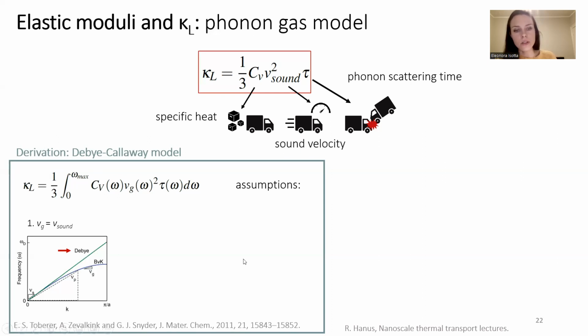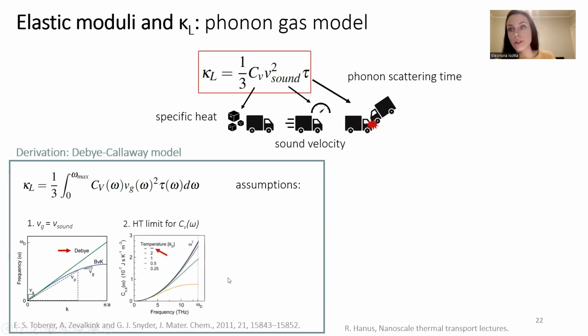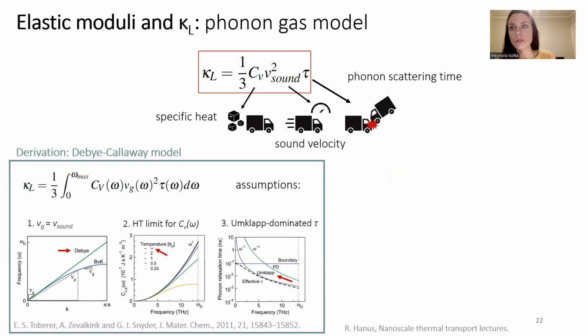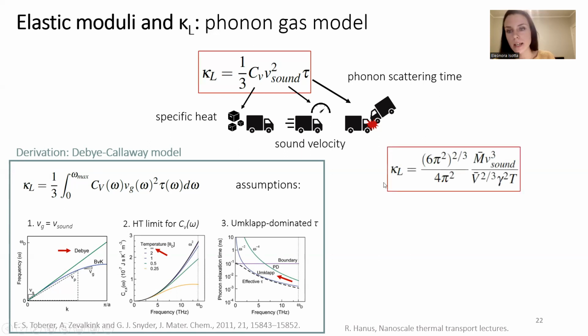The second assumption is that we usually consider the high temperature limit for the specific heat. The third assumption is that we consider as main phonon scattering mechanism happening in the sample Umklapp scattering, or phonon-phonon scattering. So if we introduce all these 3 assumptions in this model, the formula that we end up having is this one here.